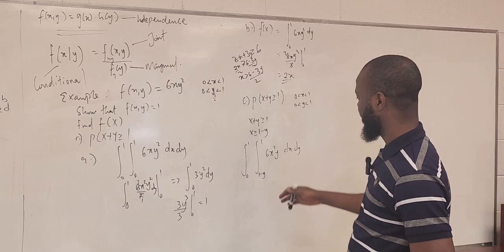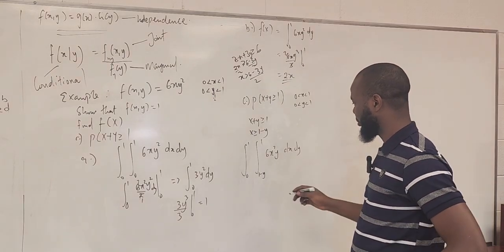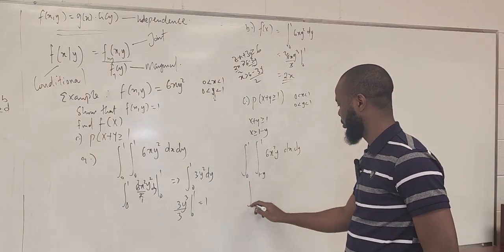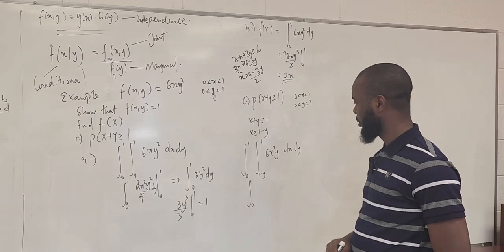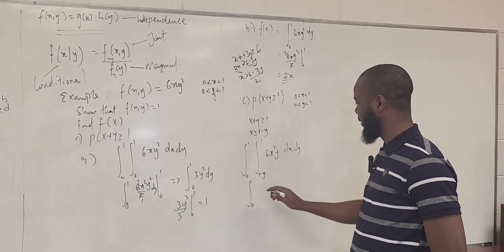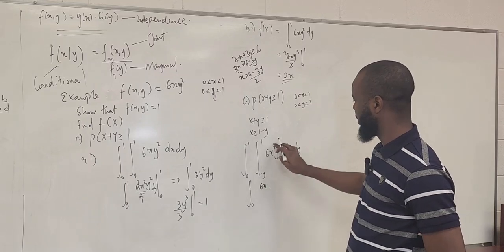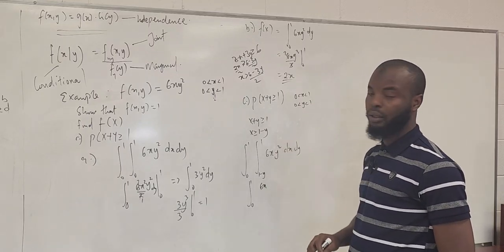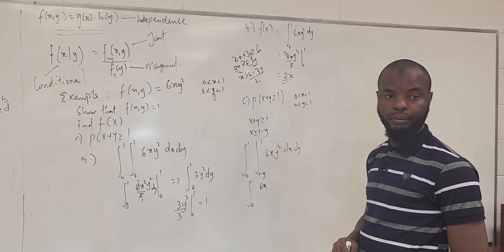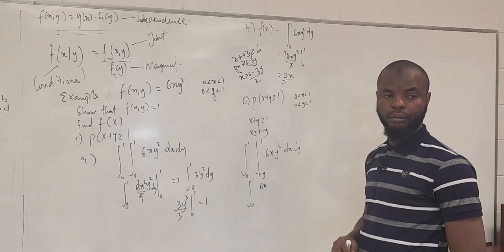So now here we have this, 0, 1. Now let's integrate this. Here we have 6xy squared. So the probability can be written as the integration.